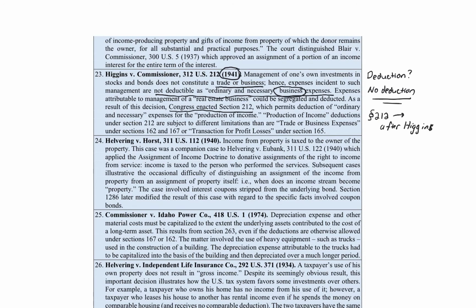A few of the cases we're going to talk about, Congress responded to. It still is relevant law because it's saying, hey, this activity is not trade or business, which is still relevant for today. The problem, though, is that the conclusion of the case does not hold weight today because Section 212 now allows Mr. Higgins to take the deduction, but at the time it didn't because there was no Section 212.